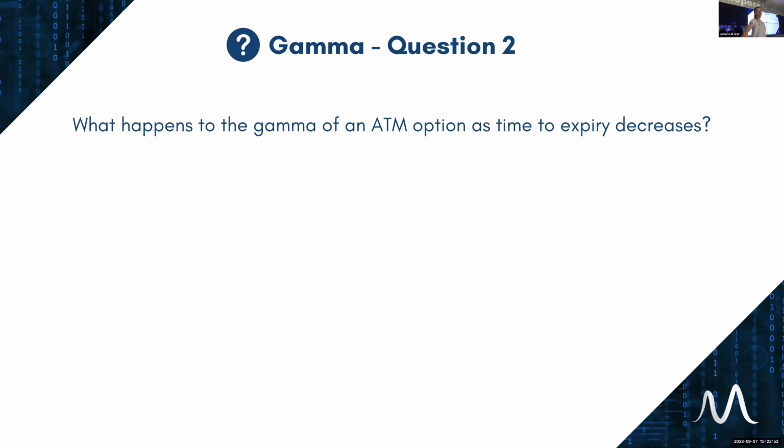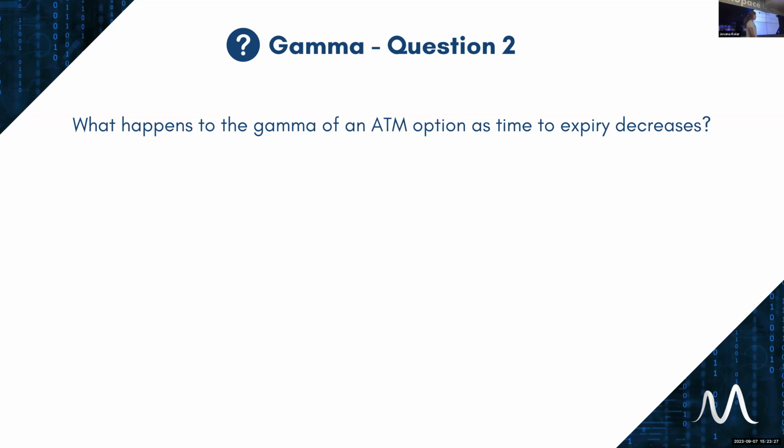Okay, now you can think about what happens to the gamma of an at the money option as the time to expiry decreases. Remember, you can think of time and volatility as the same thing.